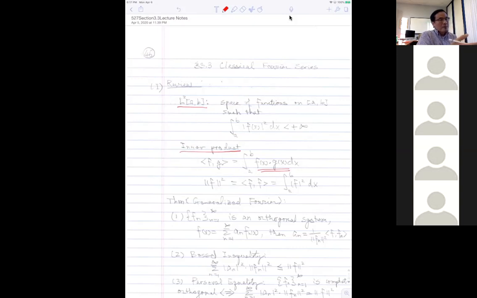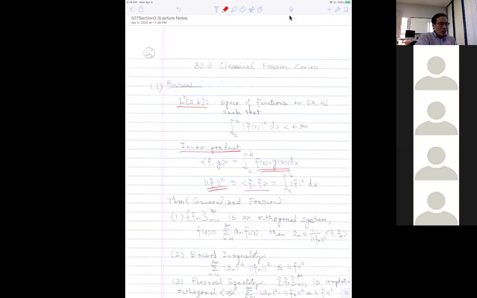Once you have an inner product, you can define the concept of angles, and you can also define the concept of norms. The square of the norm is defined as the inner product of the function with itself.